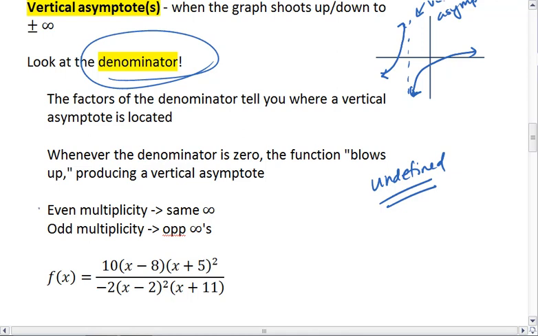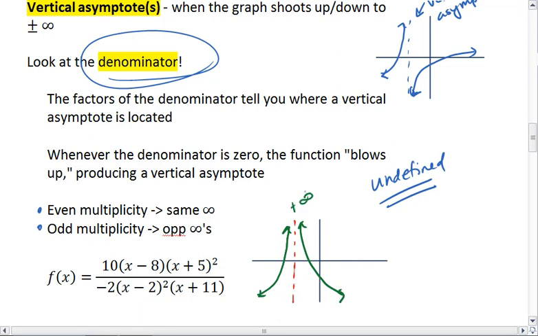We do see that multiplicity matters. If it's an even multiplicity, then our function, if we have a vertical asymptote, an even multiplicity means that the function is going to go in the direction of the same infinity. So here, both sides are going up to positive infinity.